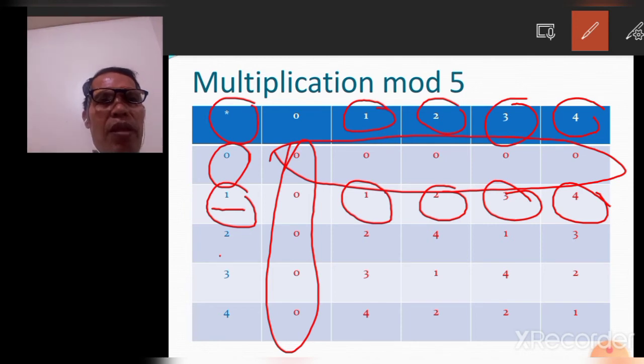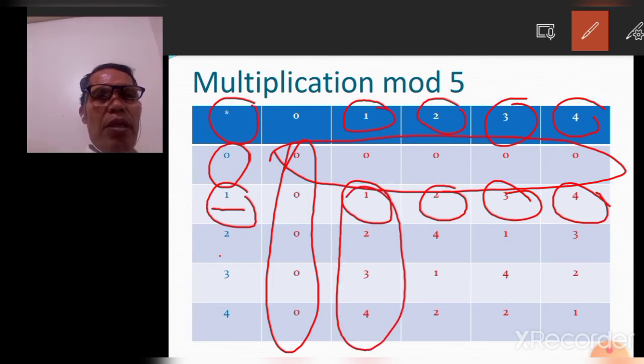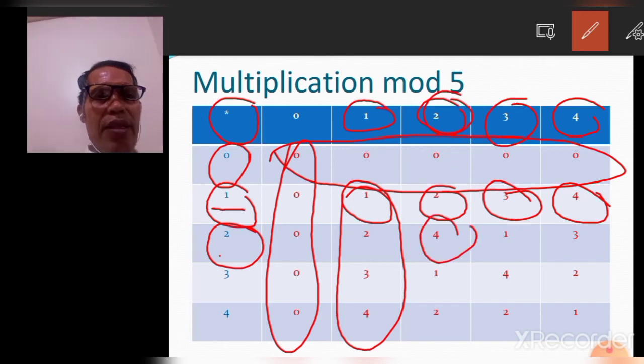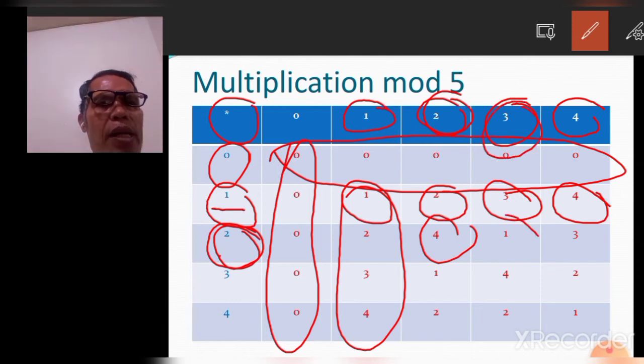The same thing with this one: 1 times a number of blue color is equal to the number being multiplied. Now, let's take a look at 2 times 2 is 4. Yes, that's correct. But 2 in blue times 3 white equals 1 red.